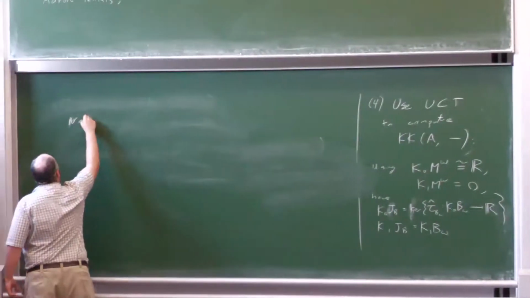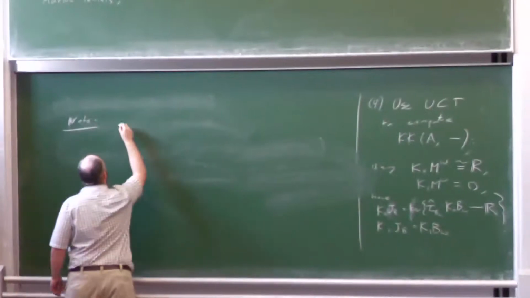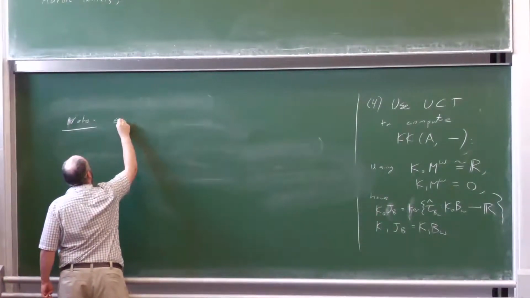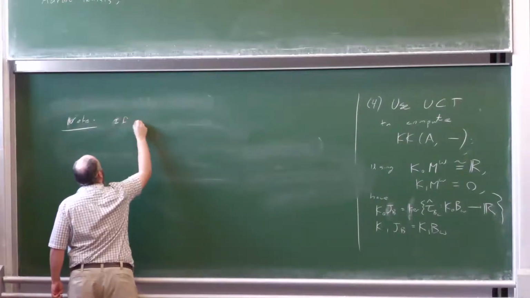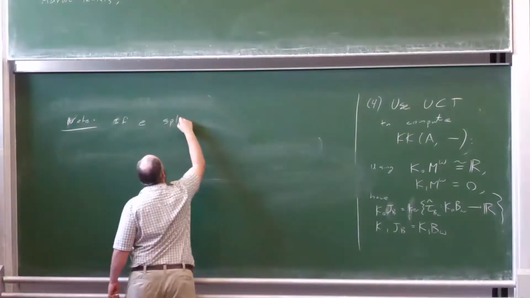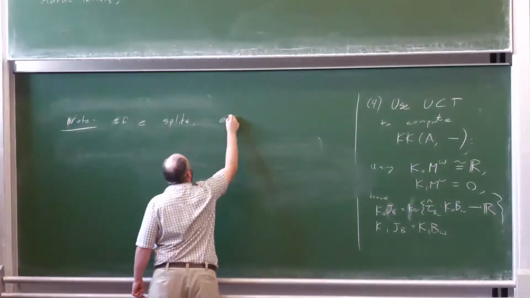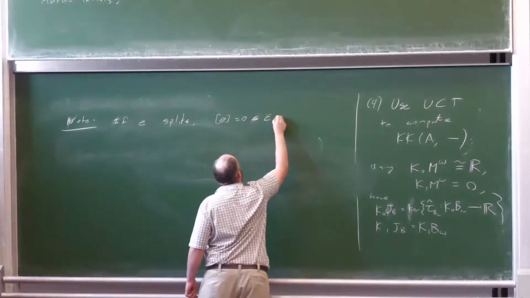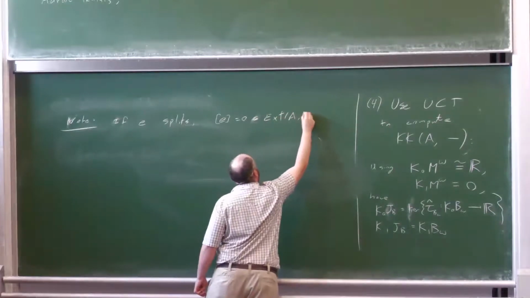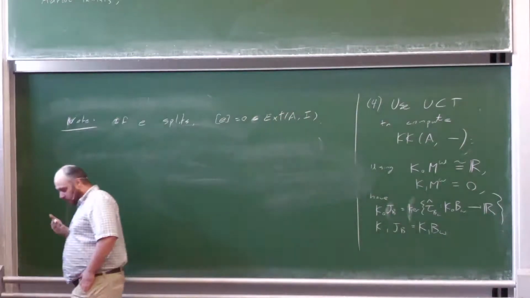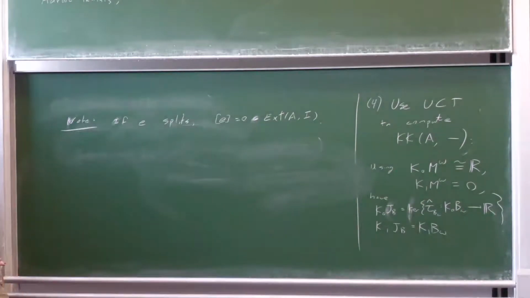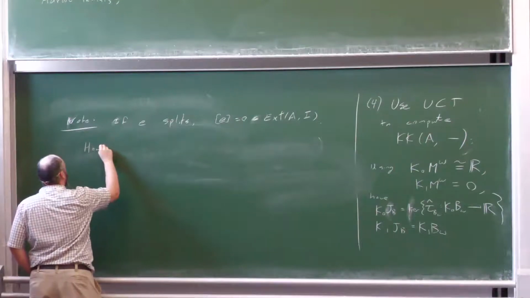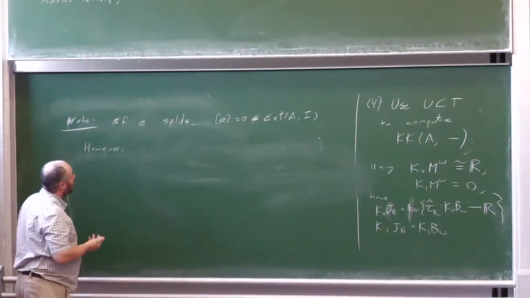So I'll make some notes here. If E is some split extension, the class of E in this Ext group is 0. You sort of designed that to be true. You force the split extensions to be the 0 element. However, the converse fails quite badly.